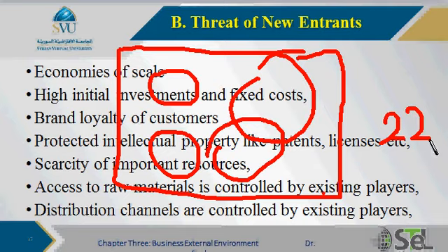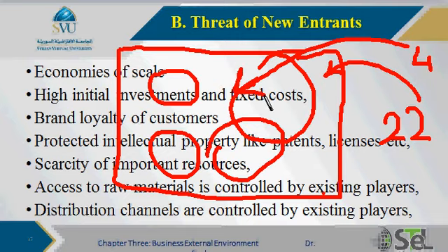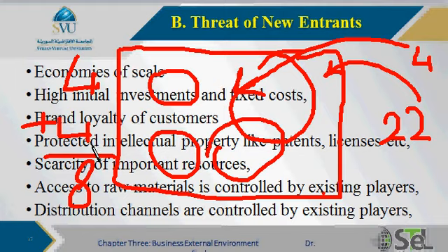But let's say in 2022, another 4 car manufacturers come to the Syrian market. And we got here 4 plus 4, they become 8. So what will happen, guys?